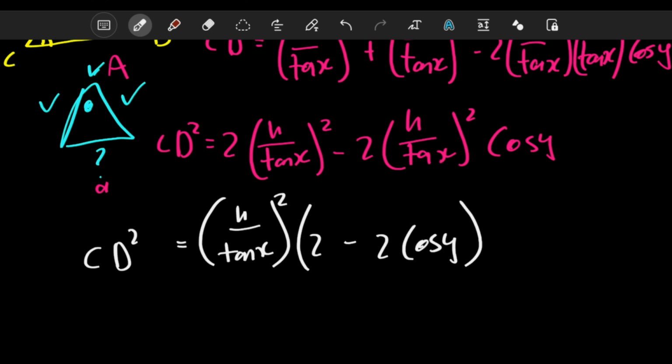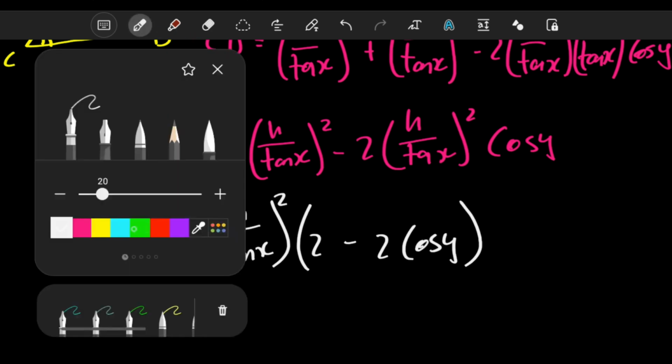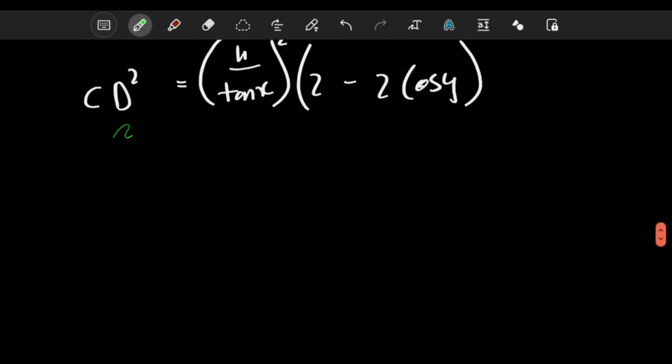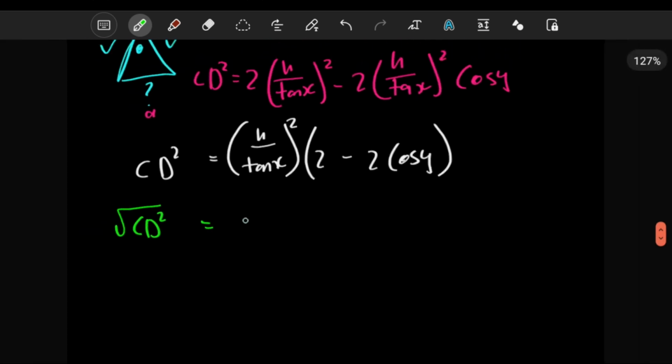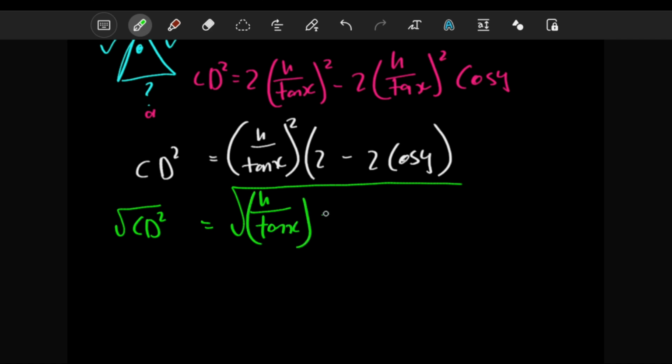I think the reason for doing this is because when you now use your surd laws, the square root of CD squared is just going to cancel. However, the square root of this whole thing here, your surd laws basically tell you that if you're multiplying stuff and you put them under a square root symbol, the square root goes for both of them individually.